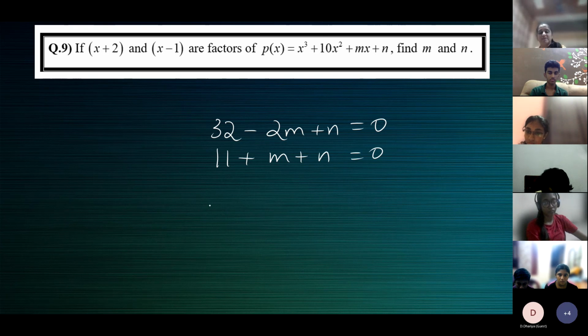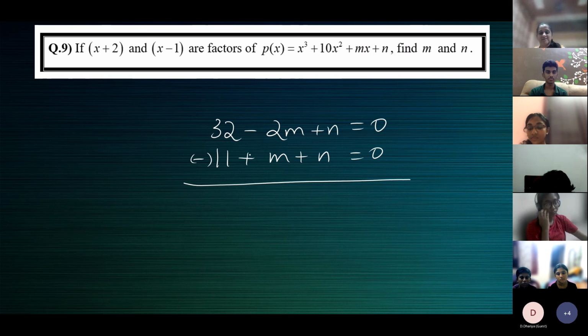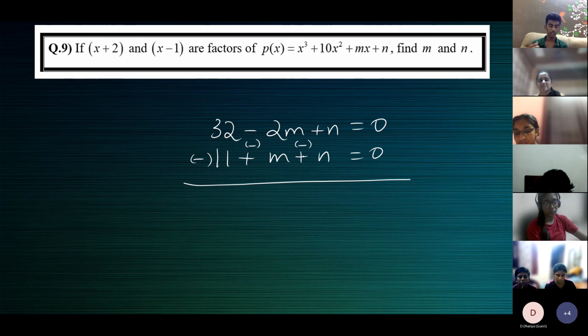Then you're supposed to take the constants, the numbers, to the other side, right? You did that? Or you solved it as it is? Okay, that's fine. You'll get the answer. So you change the signs? Yes, ma'am. Then what next you did? Then I got the answer and then I equated m.